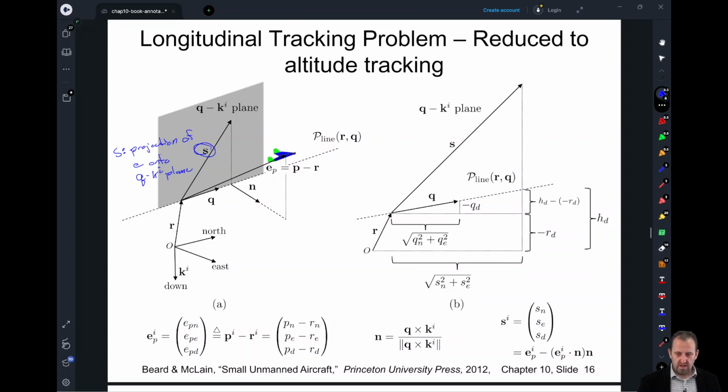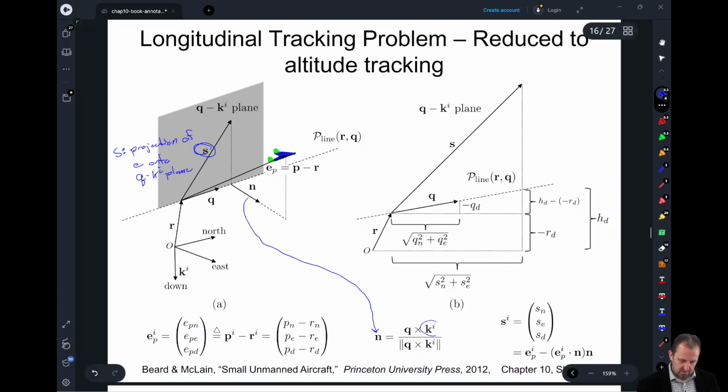Okay, so we have that projection. And one thing to note here is that it's going to be defined in terms of this normal, right? Where the normal we can define as if we go along Q, use the right-hand rule to cross it with the vertical. That's how we're going to get this normal.